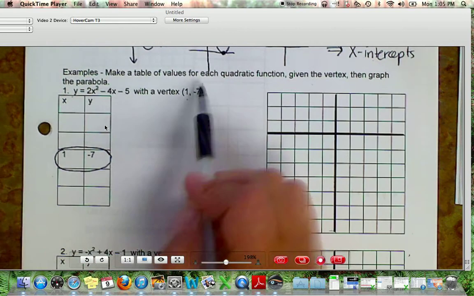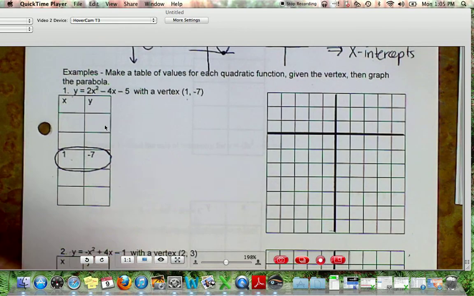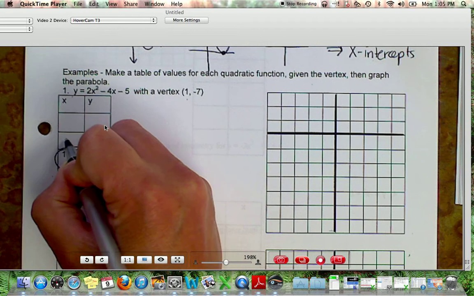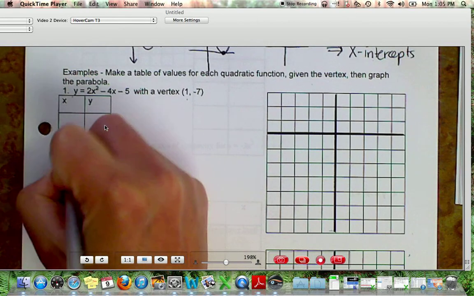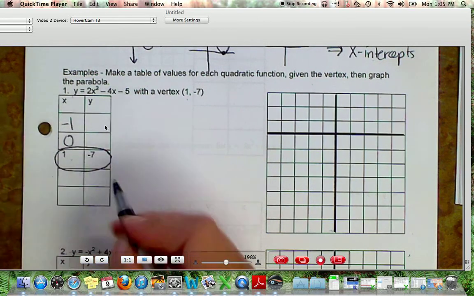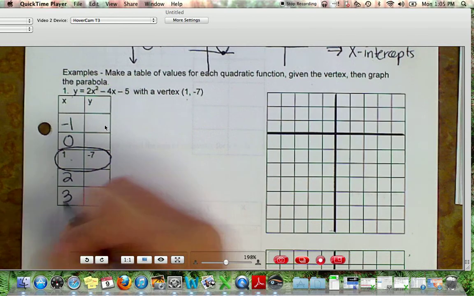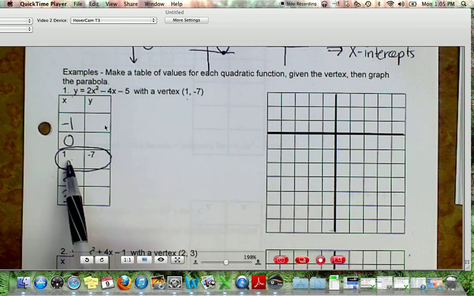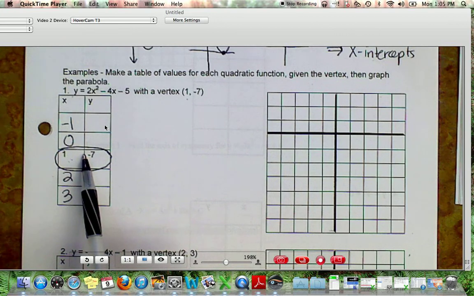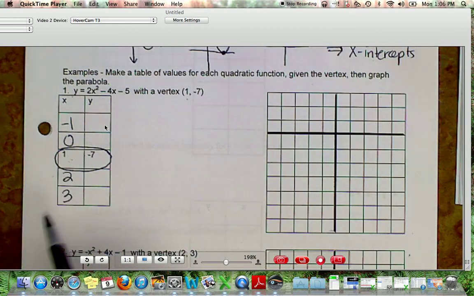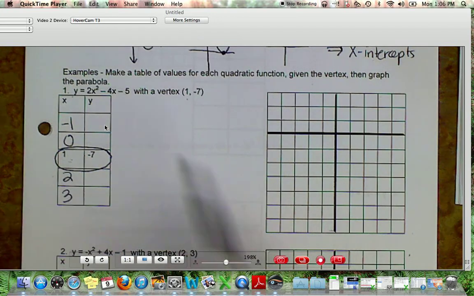So the vertex will always go in the middle, and then you go up or down from there. If we go down, we get 0 and -1. If we go up, we get 2 and 3. So it's all about the vertex. That's the most important piece in a parabola, and we build the table based on the x value in that vertex.